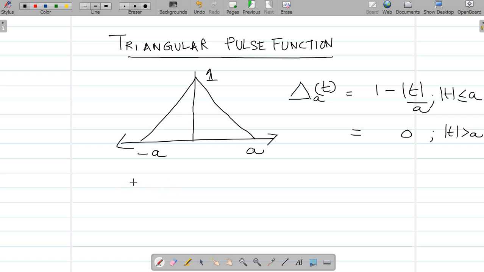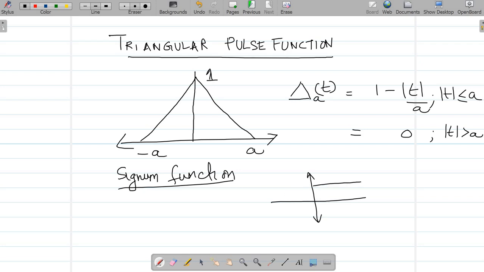So the next one is the signum function. Let us quickly see what the signum function is. The graphical plot for this is something like this. The amplitude is 1 for t greater than 0, and it is negative 1 for t less than 0.